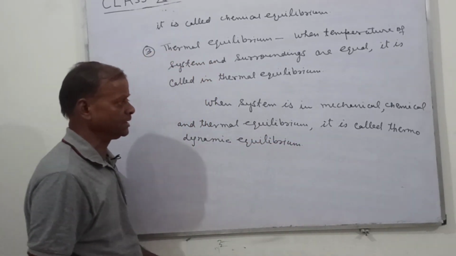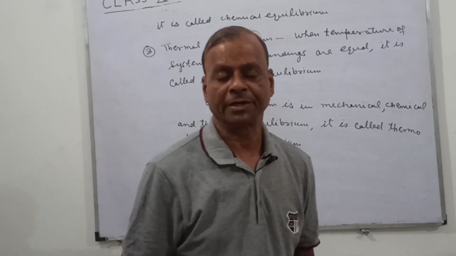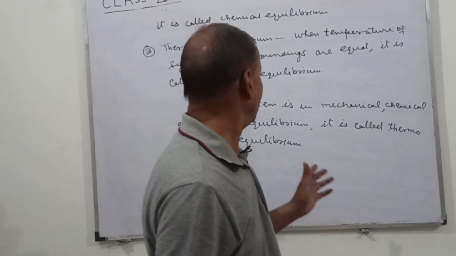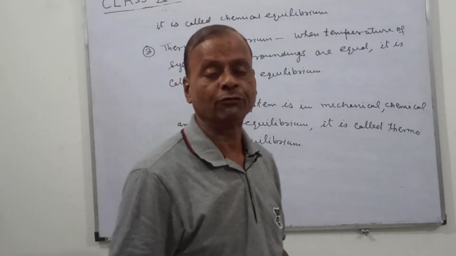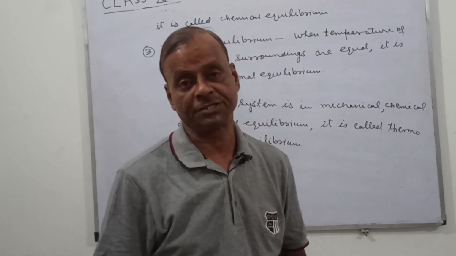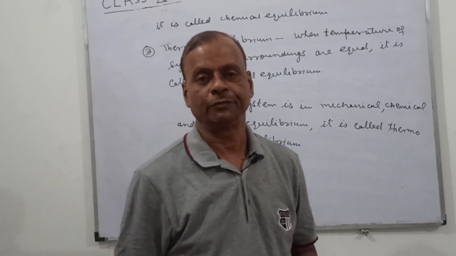So whenever we say that a system is in thermodynamic equilibrium, it means that the system is in mechanical equilibrium, in chemical equilibrium, and in thermal equilibrium. So when all these three kinds of equilibriums are attained by the system, it is said to be in thermodynamic equilibrium.